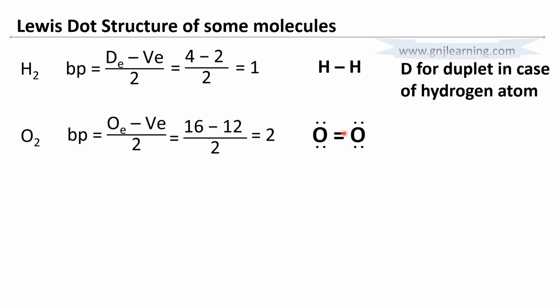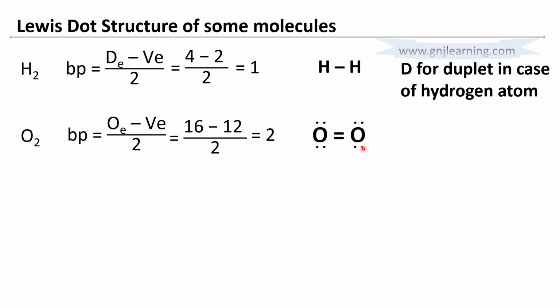After drawing 2 bond pairs, each oxygen now has 4 electrons. 2 pairs of electrons means 4 electrons. To complete the octet, he requires 8, so I have placed the remaining 4 electrons as a lone pair. The same is the case with the other oxygen. It has 4 electrons and again requires another 4, which is placed as a lone pair.